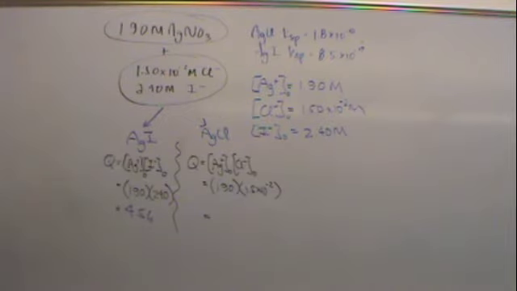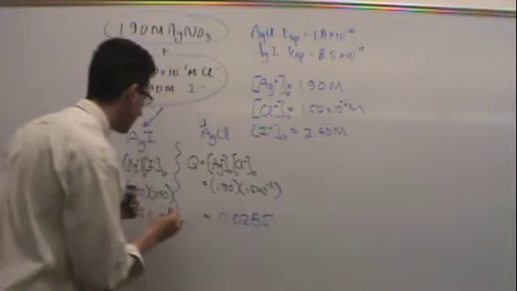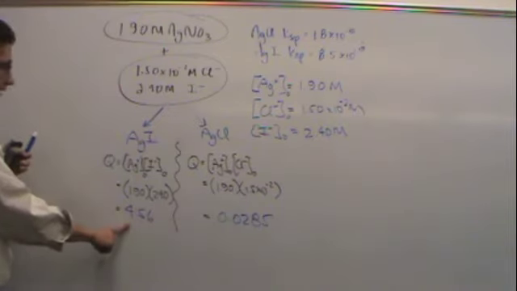For the one on the right, that's 0.015 times 1.9. I did my math right. I got these. Okay, I have to figure out for AgI, is this number larger or smaller than K?